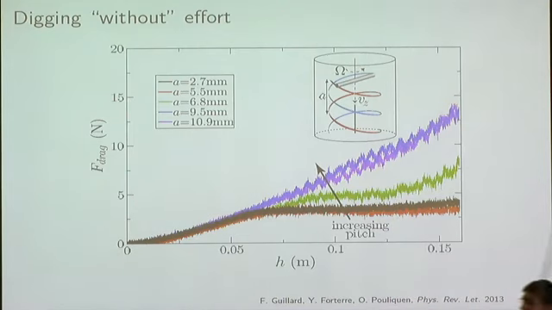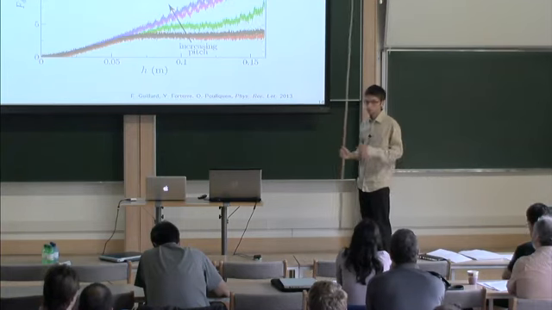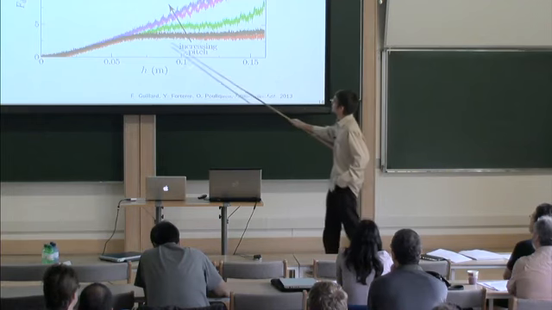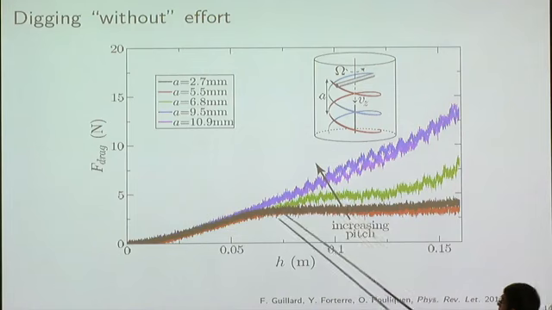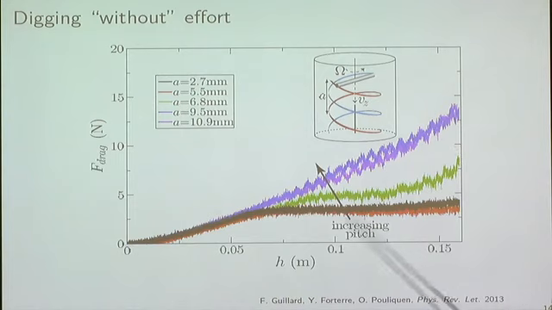The funny thing is that it can allow us to dig without having high torque. So now if we do the experiment, we rotate the granular bed, but at the same time we plunge the cylinder slowly in the tank. So it's as if the cylinder goes through a helix in the granular bed. What we see is that if we go down too fast, the drag increases with depth, as we have seen every time before.